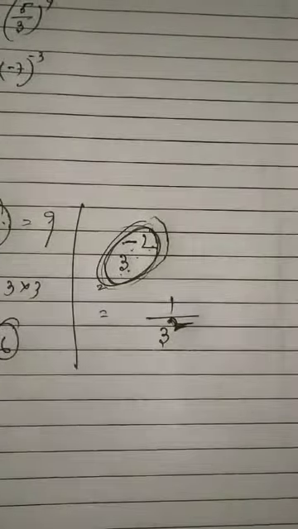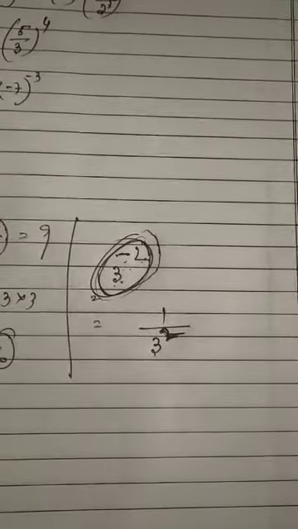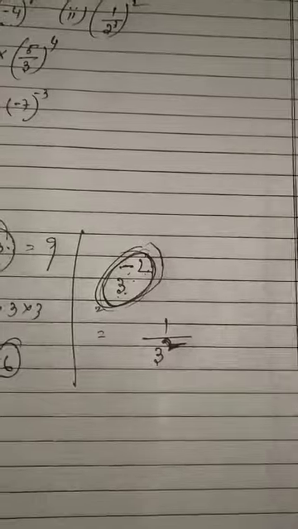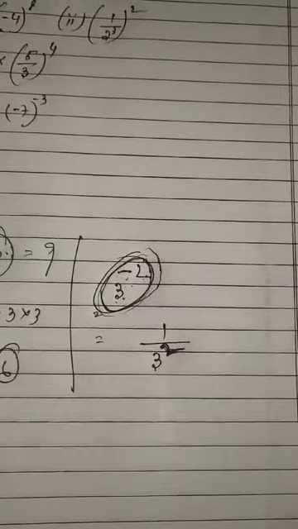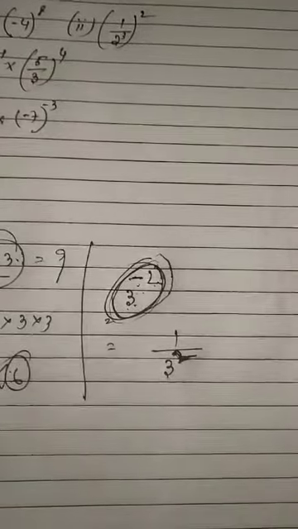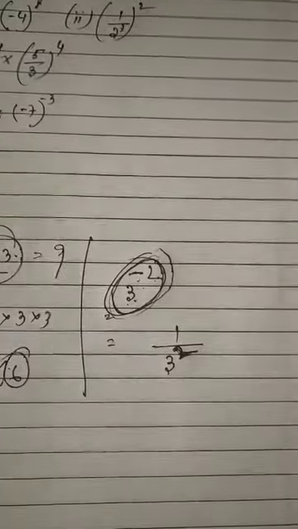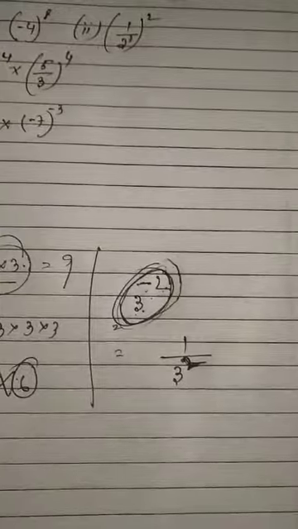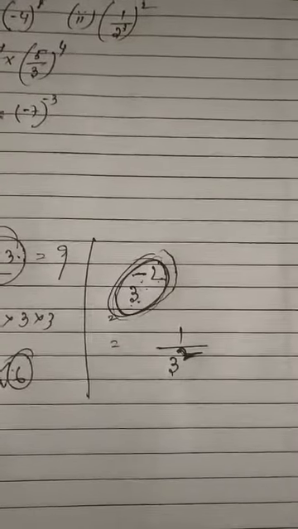Sir, why? Because whenever we move any value from the denominator to the numerator, or from the numerator to the denominator, the sign changes.